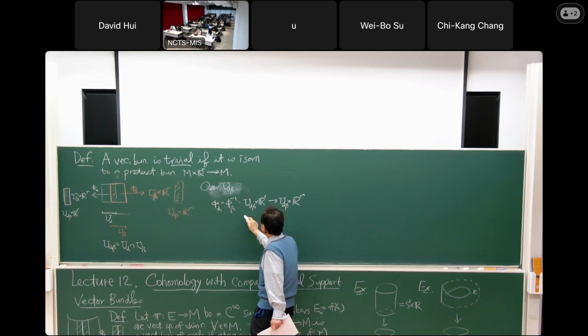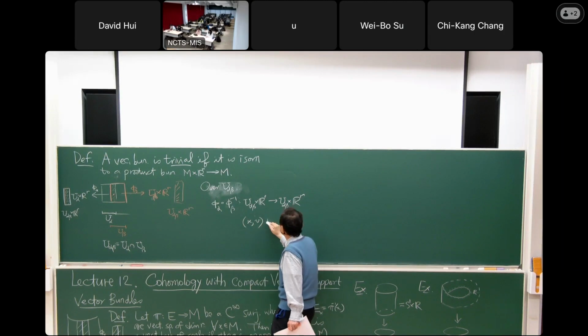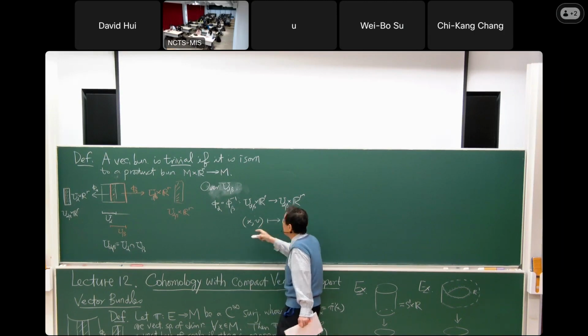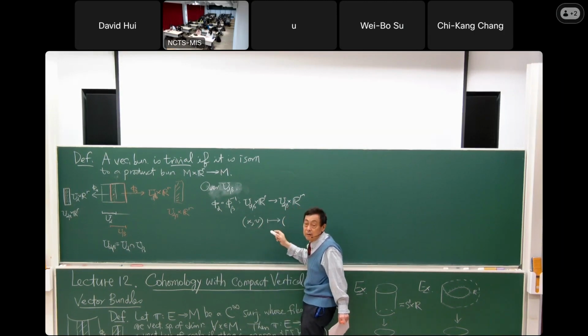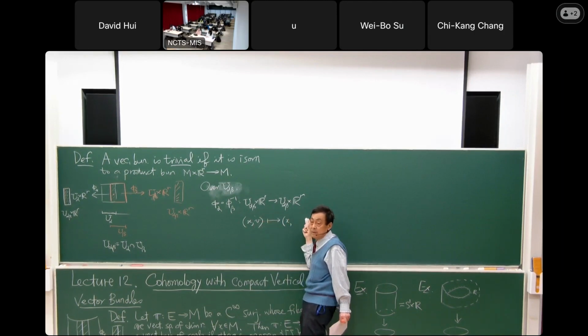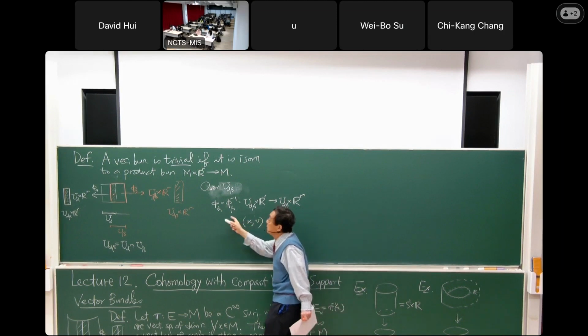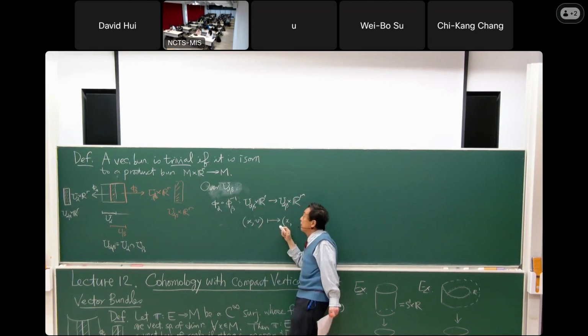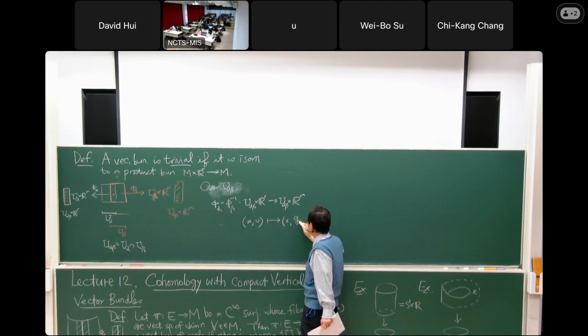And so you're going to start with a point here, say (x, v). And then this is going to go to, well, it's fiber preserving, so x should go to x. Now v should go to something via a linear transformation, and that linear transformation we call g alpha beta, and it depends on x. Okay?